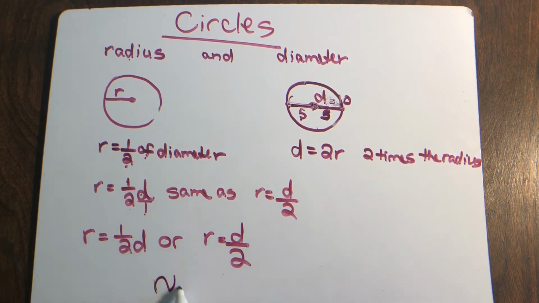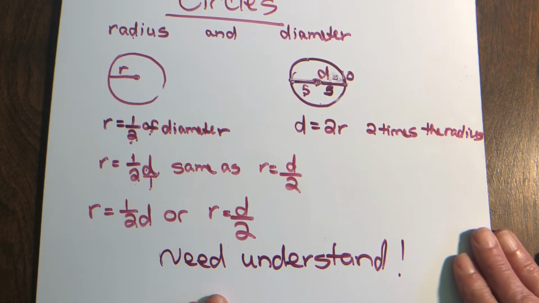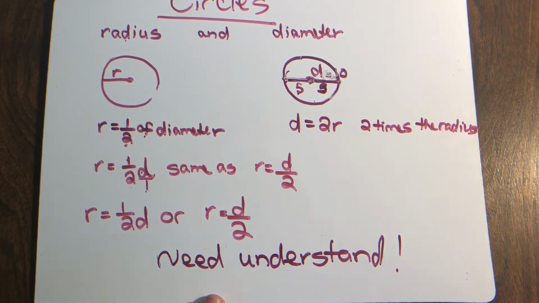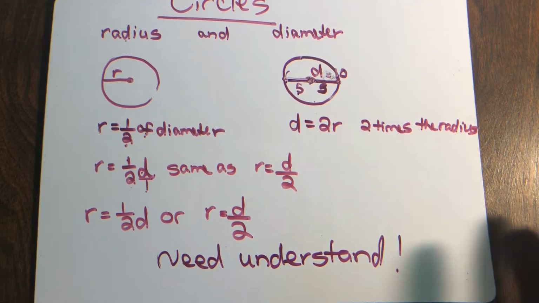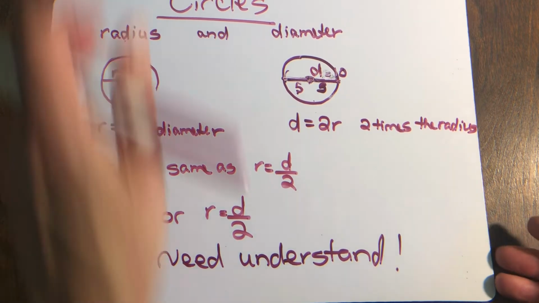But we need to understand this as we move into circumference, and also as we move into area and volume and even surface area. So very simple concept. Write your notes down, pause the video, write this down, and then let's go do some easy problems to work these out, okay?